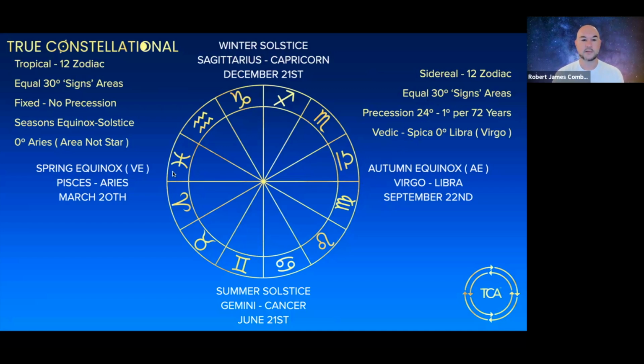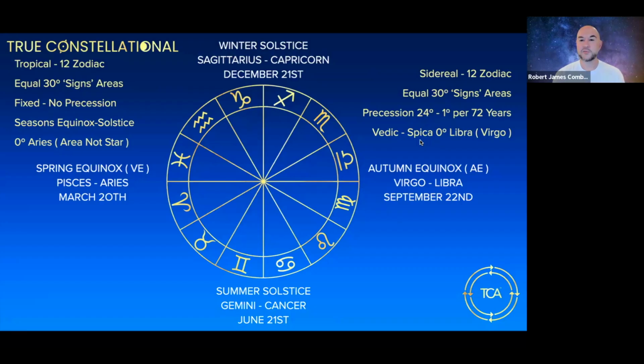So rather than tropical, which speaks about 0 degrees Aries, the Vedic system or sidereal speaks about 0 degrees Libra instead. And they do that by connecting to a star. And this star is called Spica.